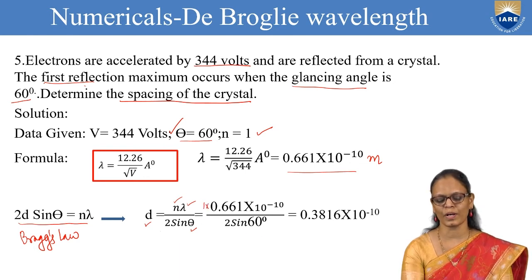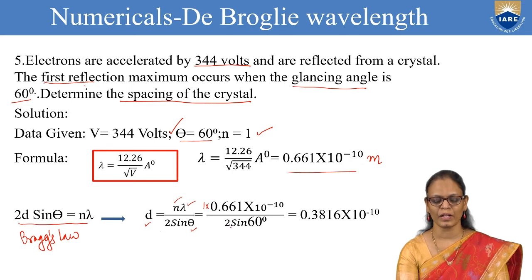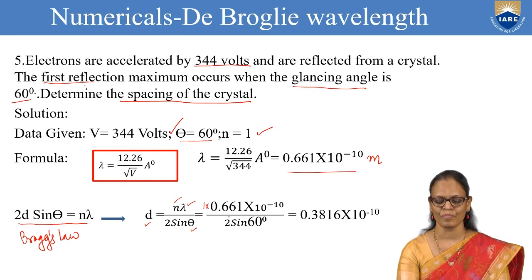So n is 1 into lambda, the value that we have got just now, 0.661 into 10 power minus 10, divided by 2 sine 60. So you can substitute the value of sine 60 or get the value using calci and substitute. You get 0.3816 into 10 to the power of minus 10 meter.